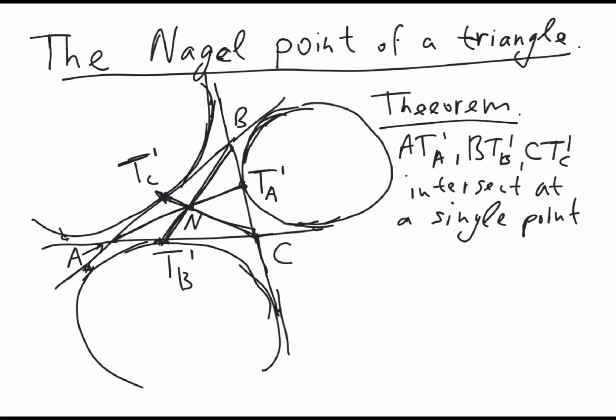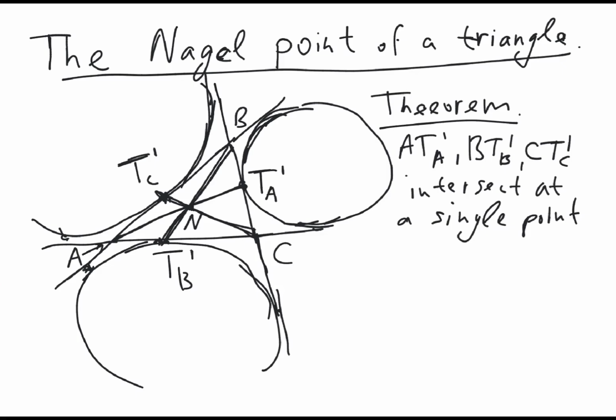For the tangency points of the incircle, these lines also intersect at a single point, and I proved this in the previous video. That point of intersection was called the Gergonne point of this triangle.